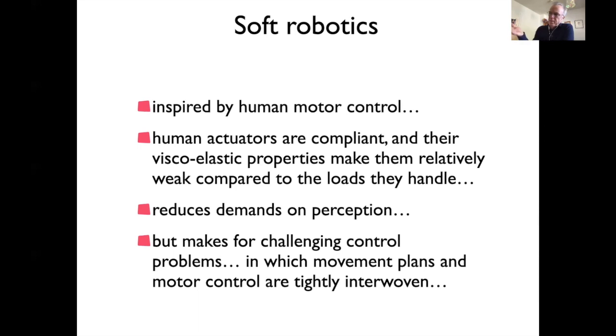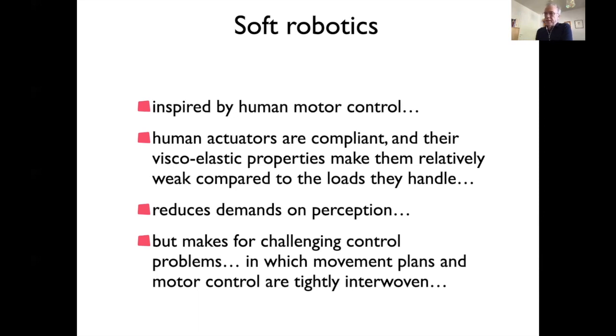So when you make actuators compliant like human actuators, you can do that by adjusting control mechanisms or by using physically springy actuators. Some robots have little springs inside and tendons, and they usually wrap up the tendons rather than contract to charge the spring more or less.